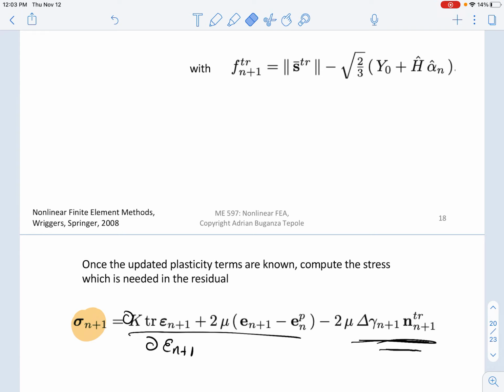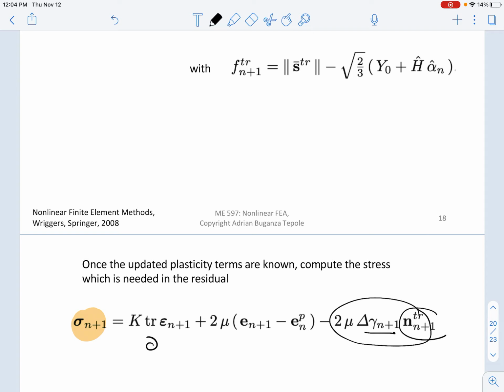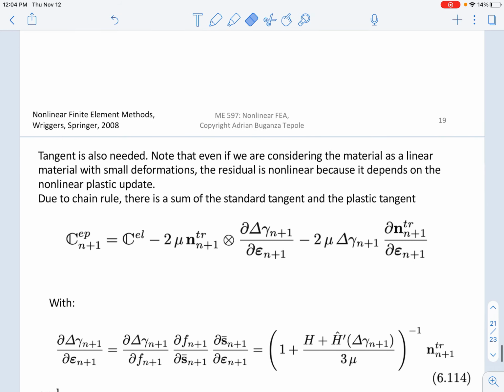So the derivative of this with respect to epsilon n plus 1. And then now these are the plastic terms. And so they also depend on the total strains. So by the chain rule, you need to take the derivative of the stress with respect to the plastic flow times the derivative of the plastic flow with respect to the strains, and the derivative of this with respect to the direction of the plastic flow, and then times the derivative of this with respect to the total strains. So that is why you have these two extra terms here.